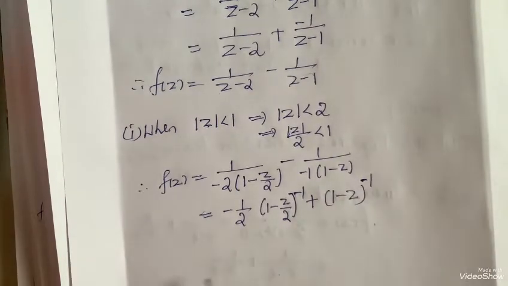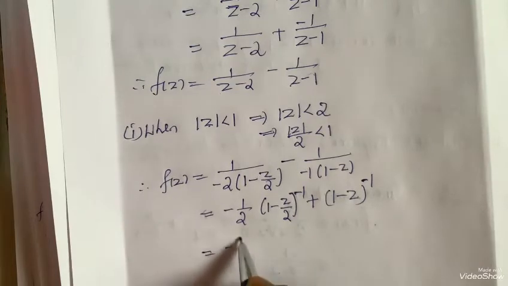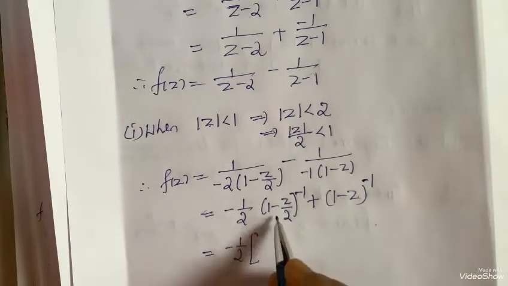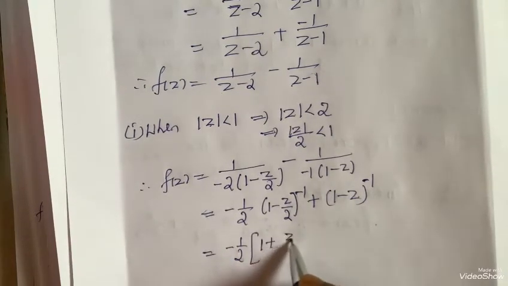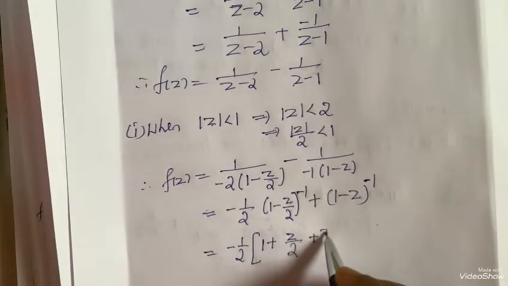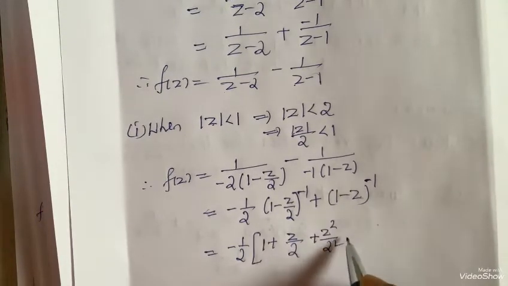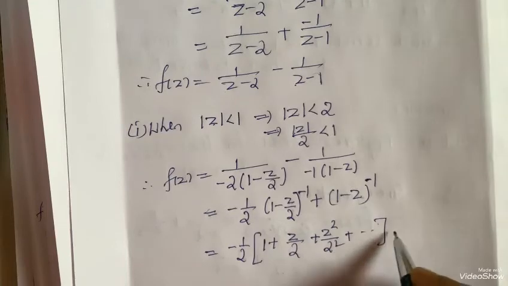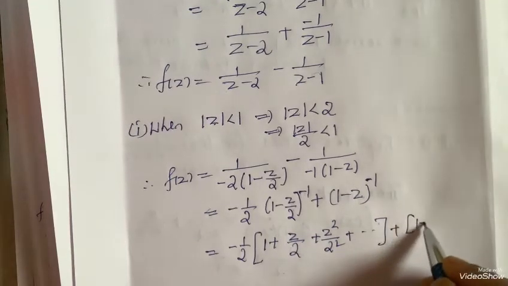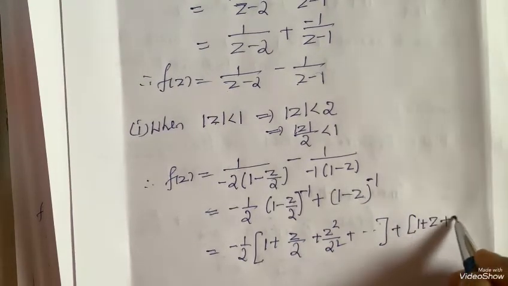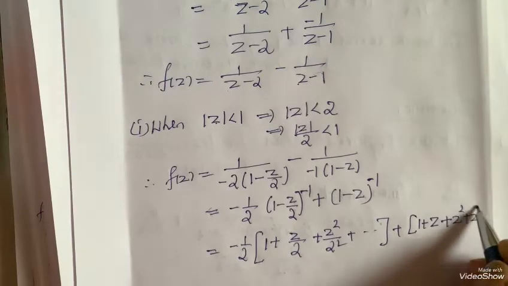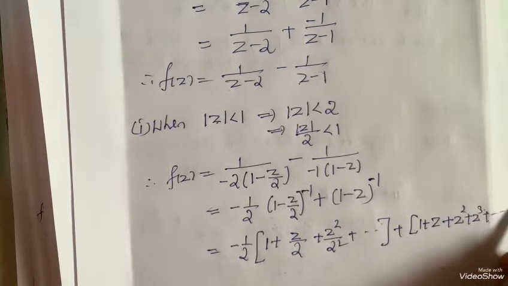So next your turn is to expand. Minus 1 by 2, expand it: 1 plus z by 2, plus z square by 2 square, and so on. Plus 1 plus z square plus z cube and so on.